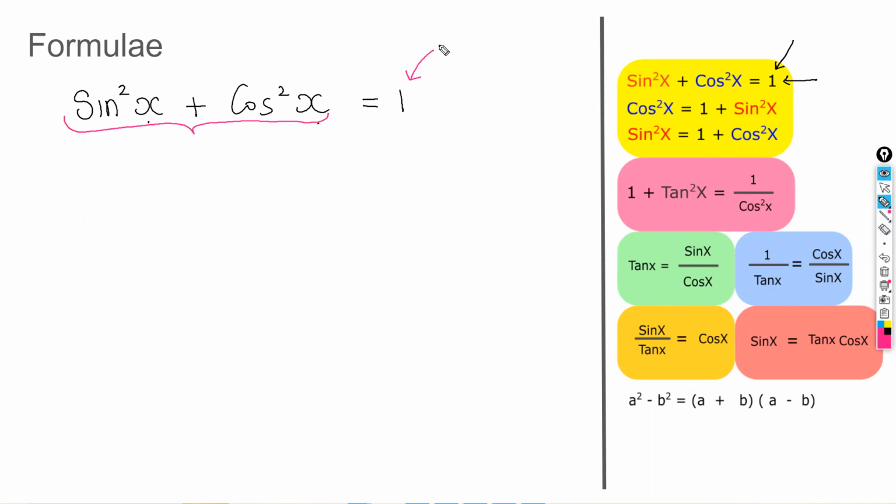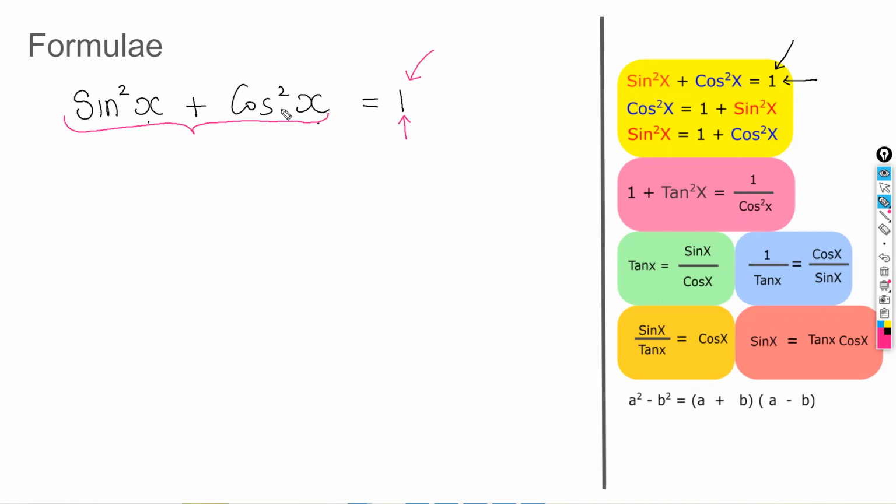And that's going to be important in the exam sometimes. Also, you could do the reverse. If you see the number 1, and for some strange reason that is bugging you and getting on your nerves, you could throw away Mr. 1 and replace him with what? Sine squared x plus cos squared x.